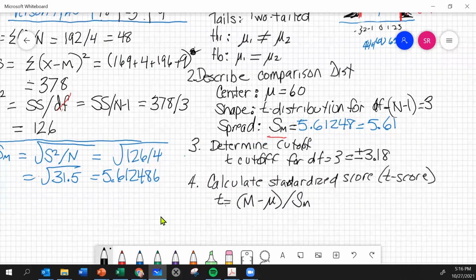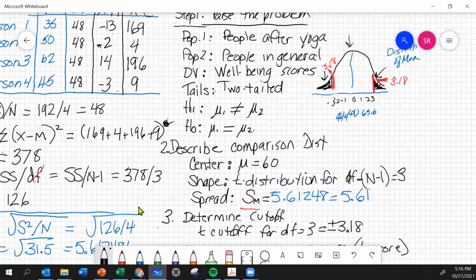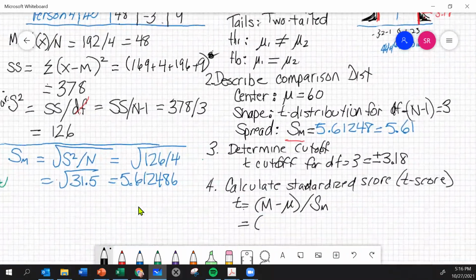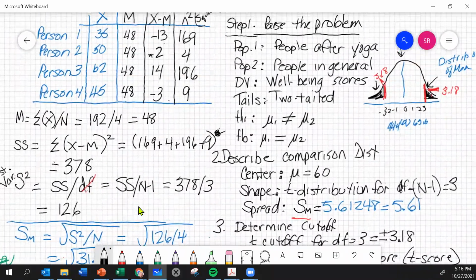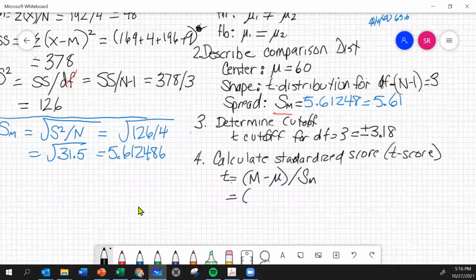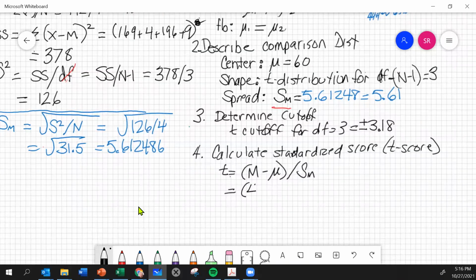In this case, this equals our sample's mean that we found was, let's go find that again, way up in the problem here, I guess, 48. So M equals 48, mu equals 60, and we're going to do that subtraction and then divide by this big number, 5.61248.